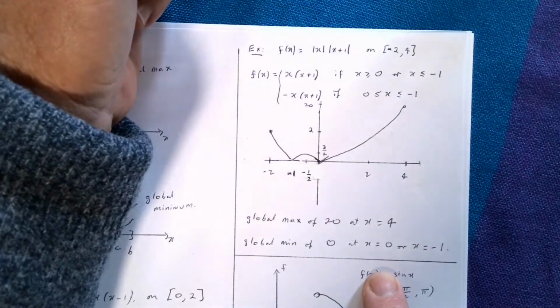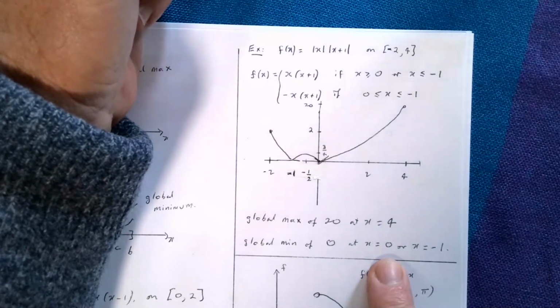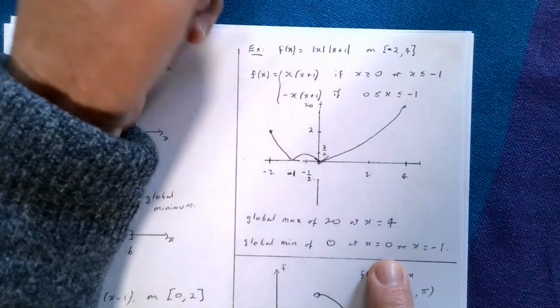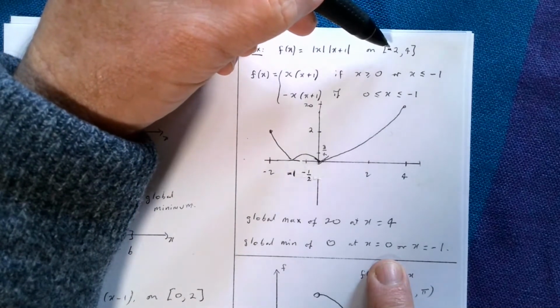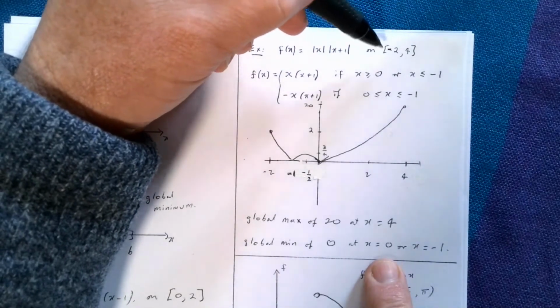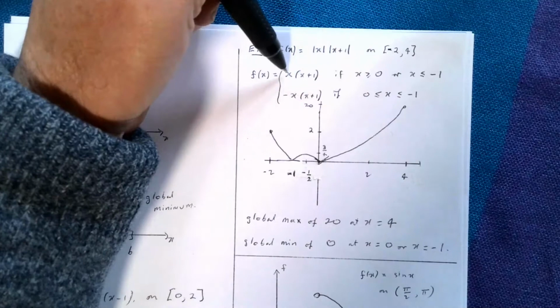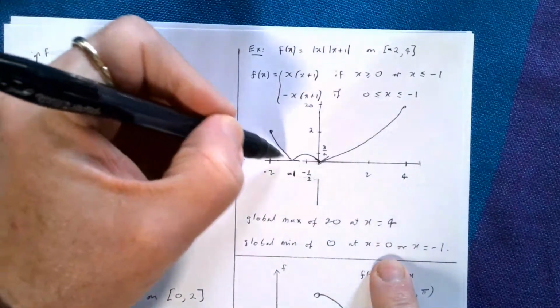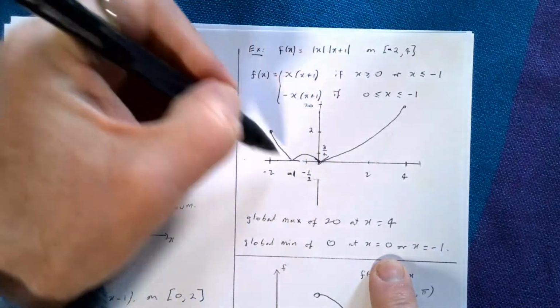And now I'm just going to draw the picture of it to help us find our global max and min. This function is continuous, and this interval is closed, so we're guaranteed it's got a global max and a global min. If we think of this piece firstly, it's looking like a parabola cutting through 0 and -1. So the graph is looking something like this.